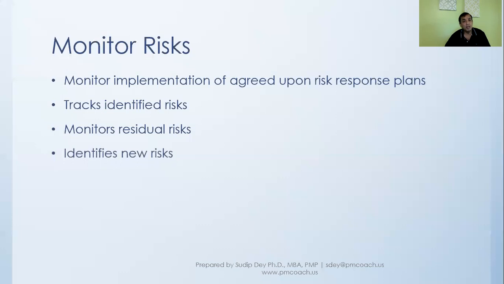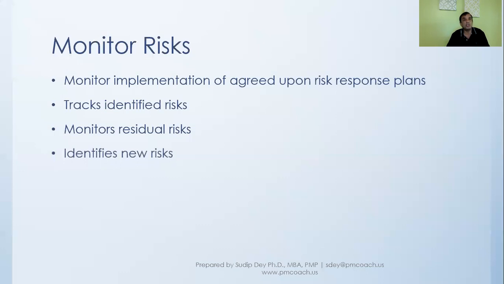In monitoring, we'll also keep an eye on if there are new risks that are surfacing. Because if there are new risks surfacing, we would again treat this as a new risk. We'll go through the qualitative risk analysis. If required, we go through the quantitative risk analysis. We have to come out with the risk response plan and put it in the risk register.